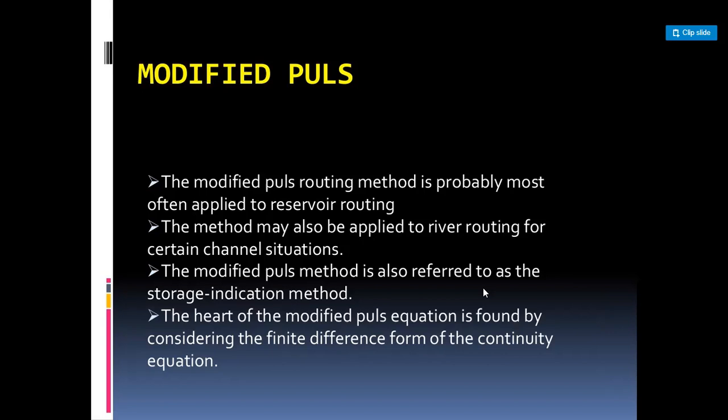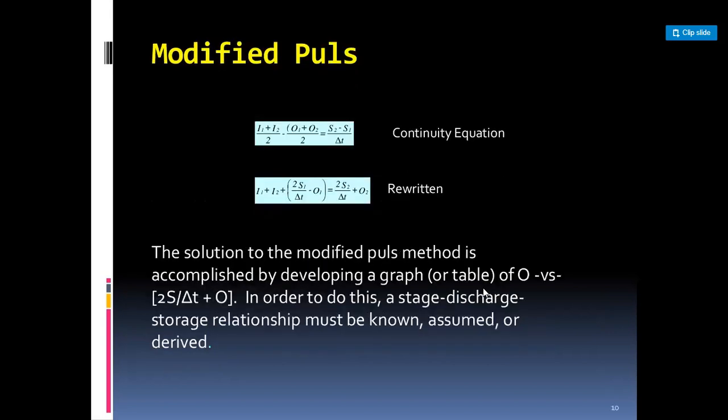The heart of the modified pulse equation is found by considering the finite difference form of the continuity equation. Modified pulse: (I1 plus I2) by 2 minus (O1 plus O2) by 2 is equal to (S2 minus S1) by delta T. This is the continuity equation.